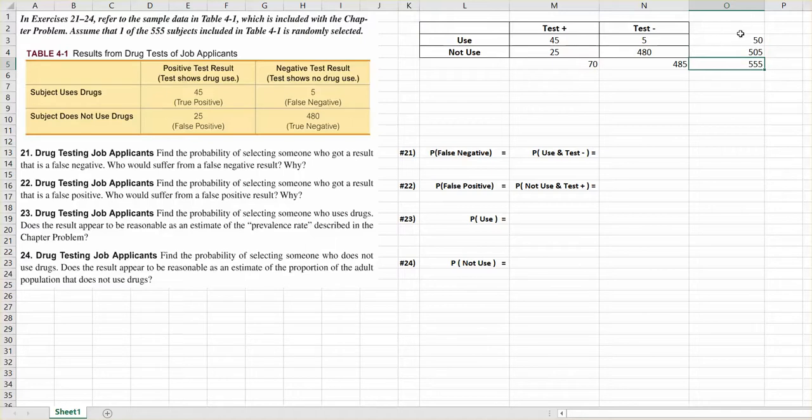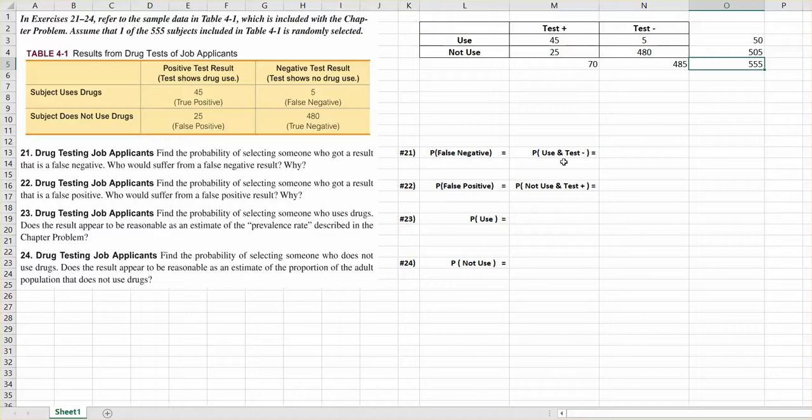What this information will give you is how many people fit each of these general descriptions. So we have 50 people that use drugs, 505 people that do not, 70 people that tested positive, 485 people that did not.